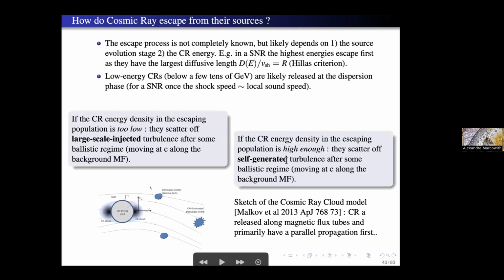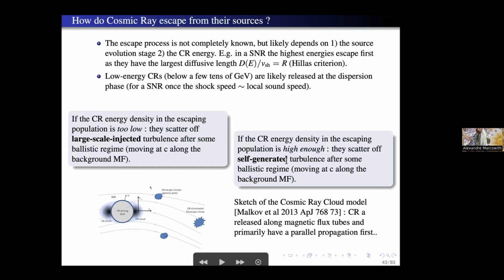And this streaming instability is likely very important close to sources, because in cosmic ray sources, I told you that you have more or less equipartition of cosmic rays with gas and magnetic field in the interstellar medium. But in sources, it is not the case. In sources, cosmic ray pressure dominates much over the gas pressure and magnetic pressure. So you have local sources with high cosmic ray pressure and an interstellar medium with lower cosmic ray pressure.